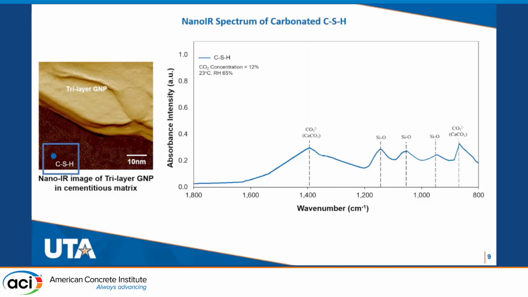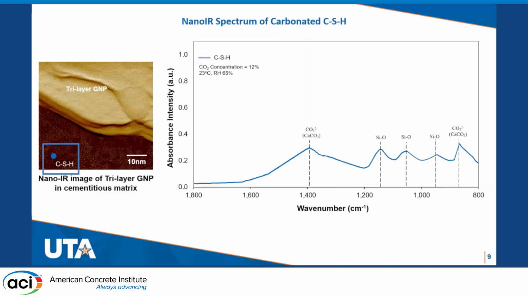This is the same picture that I used in my previous slide. So this will give you an idea of the FTIR at the nanoscale of the CSH. And then I will move to show you what happens at the interface.